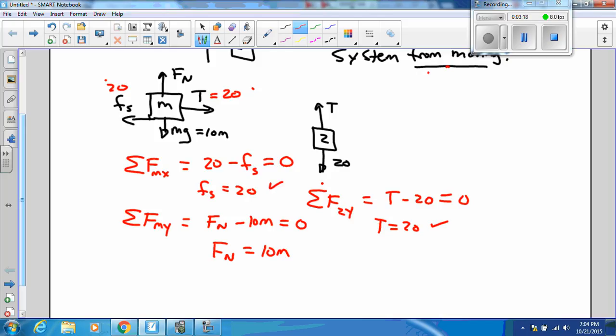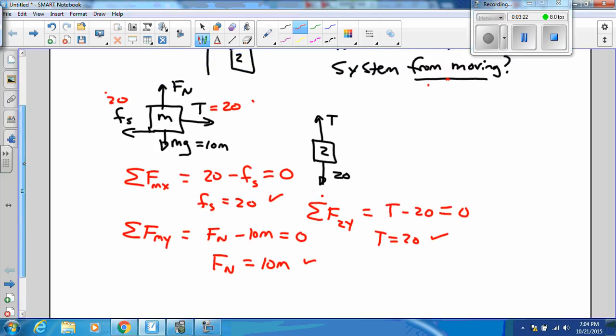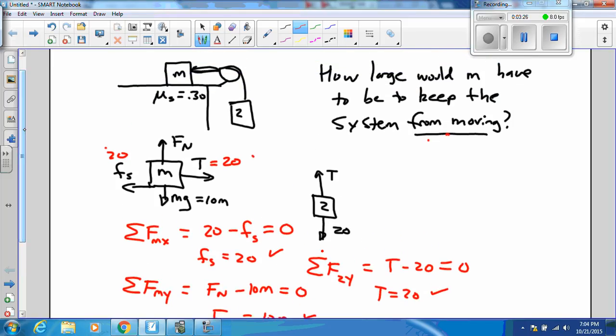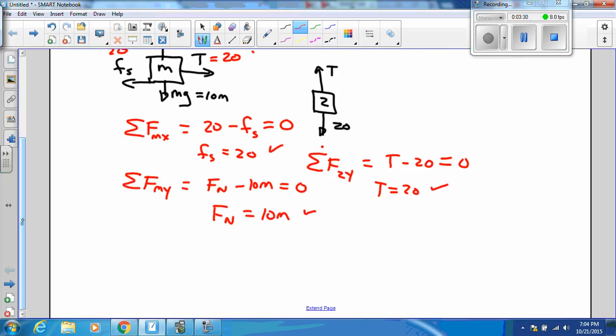So we have a number of nice little pieces that we have discovered, and now we just need to put it together in order to figure out the mass m. And the thing that we have not yet taken into account is the value of the frictional force.